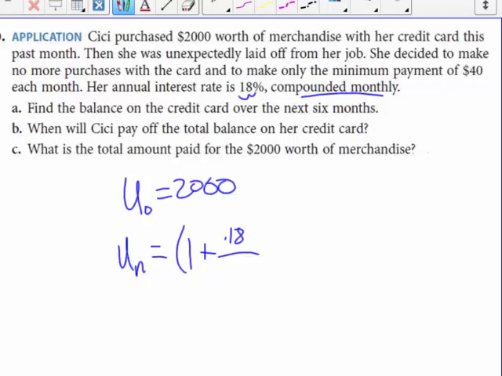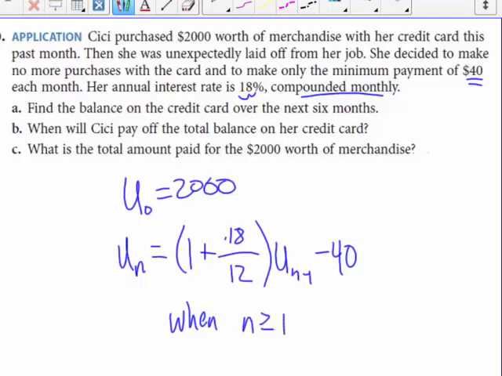Monthly, so divided by 12, monthly, 12 times a year. Then our previous term, u sub n minus 1, and what is our payment? $40, and we're paying it off, so we're subtracting, right? Because that's dropping our bill. And I'm just going to write the last step just so we get used to that: n is greater than or equal to 1.